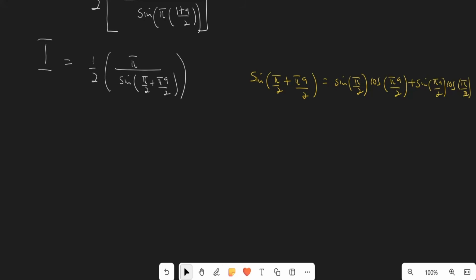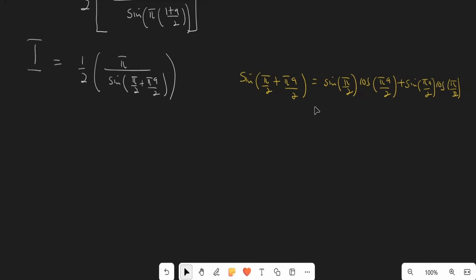This is from the double angle identity. Sine of pi over 2 is 1, so we are left with the cosine of pi a over 2, and cosine of pi over 2 is 0, so that term is 0. So in the end, this evaluates to cosine of pi a over 2.